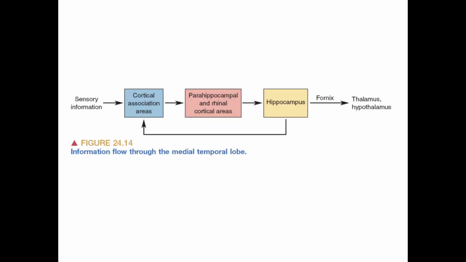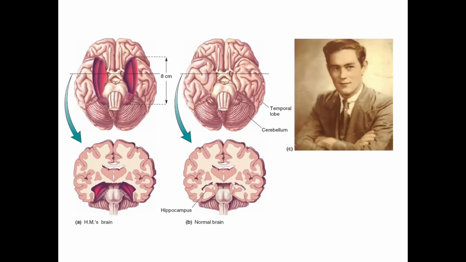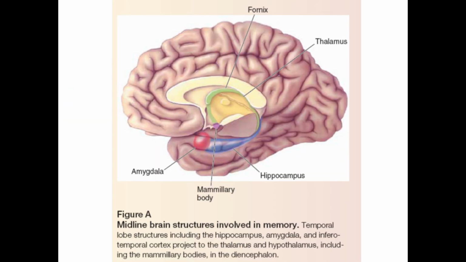This one shows that through the fornix you have connections with the thalamus and hypothalamus, and this is what is shown in here. The fornix is the color green, and you can see a purple color showing the mammillary body. That is actually a hypothalamus structure.